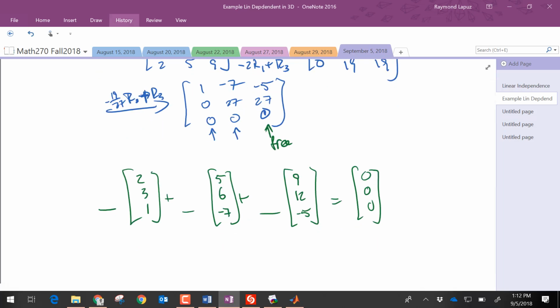And it doesn't matter what they are. I can have an infinite number of solutions for this.